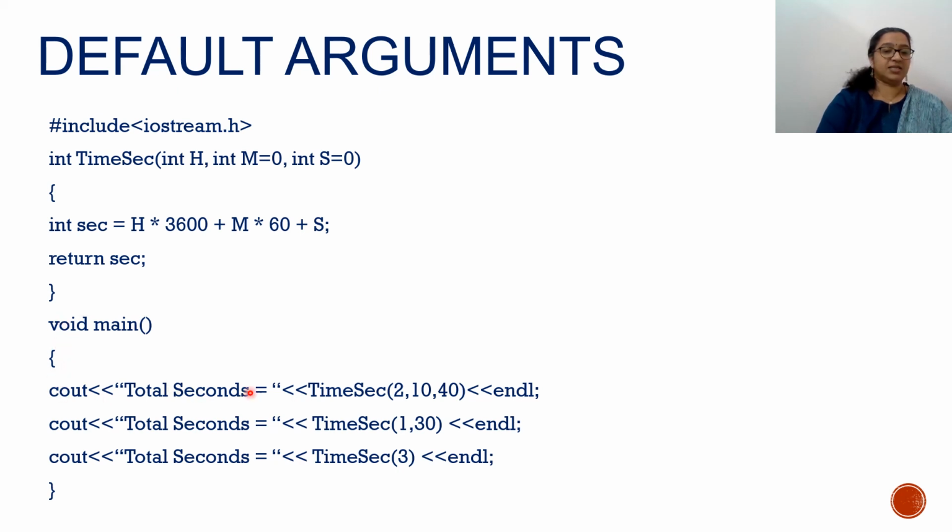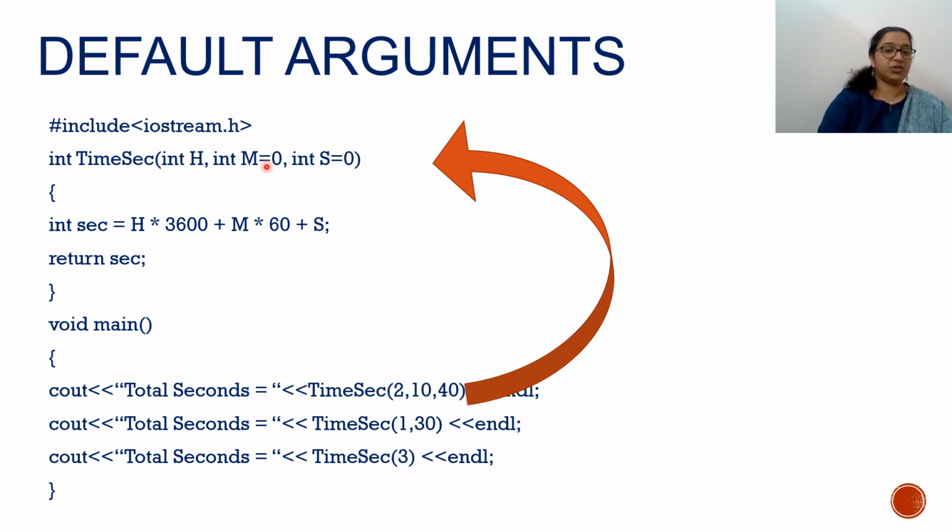The first statement is cout total seconds time sec 2, 10, 40. So the calling step with 2, 10 and 40 values. So 2 will copy to h, 10 will copy to m, then 40 will assign to s. So 3 arguments are there, so the default value will be overwritten and set with the new values.